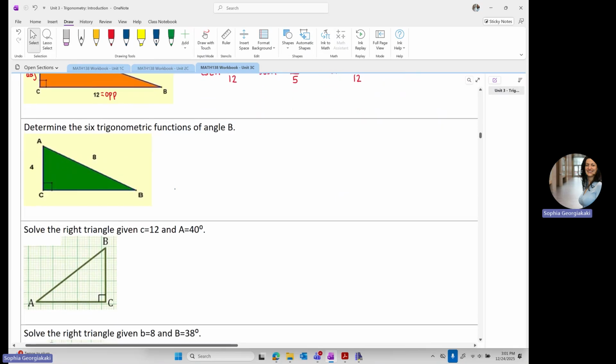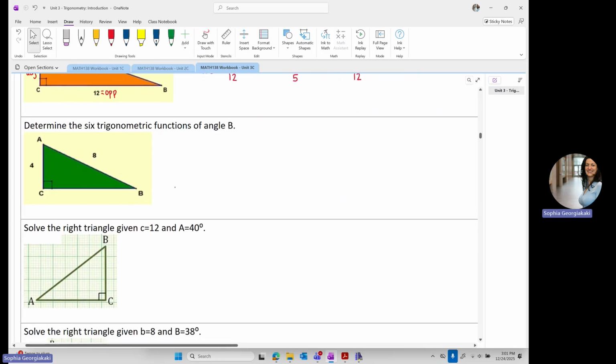For the next example, the angle of interest is B. For that triangle, we know the opposite to B, which is 4. We know the hypotenuse, which is 8, and we are looking to find the adjacent.